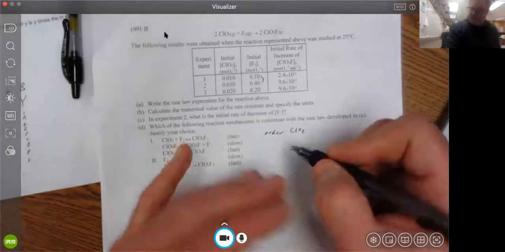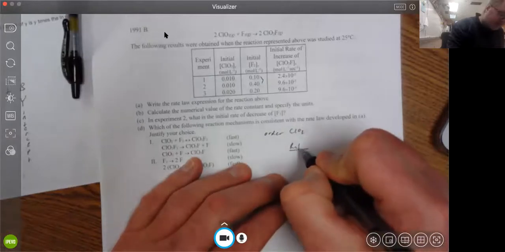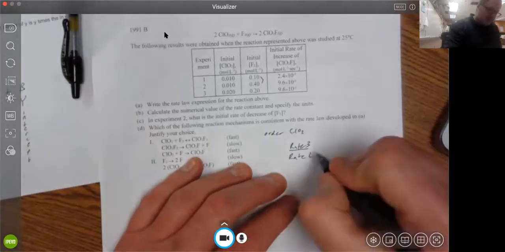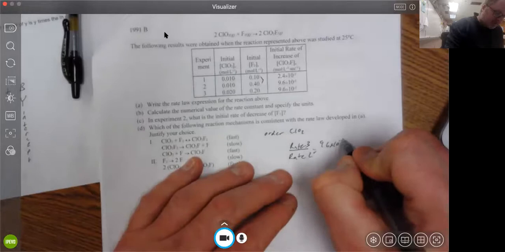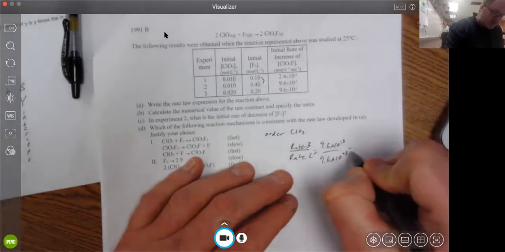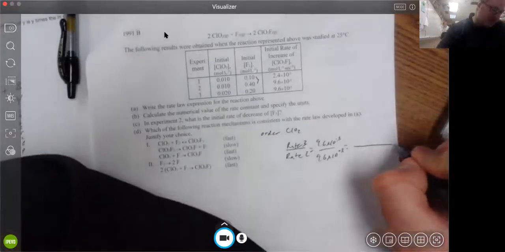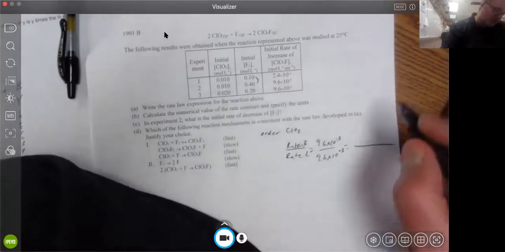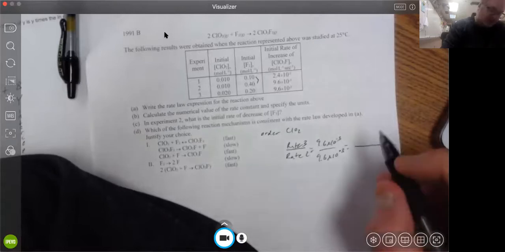Let's use experiment 3 and 2. So you take the rate of 3 over the rate of 2, and that equals 9.6 times 10 to the negative third over 9.6 times 10 to the negative third. We're going to set that equal to, and here's the trick. Since we know the order of F at that point, we're going to know how to basically multiply this through.